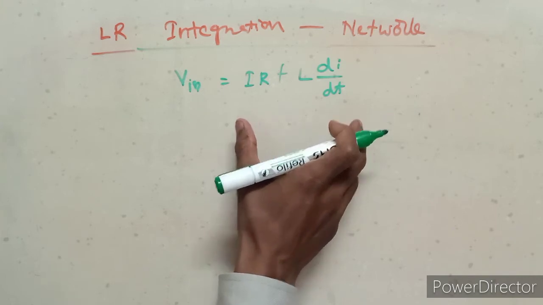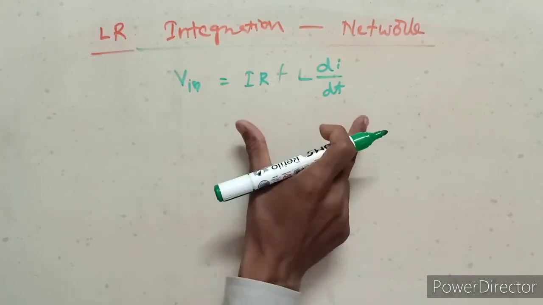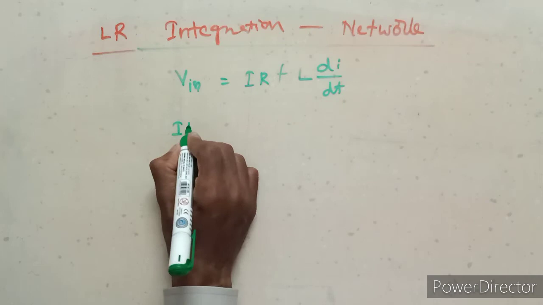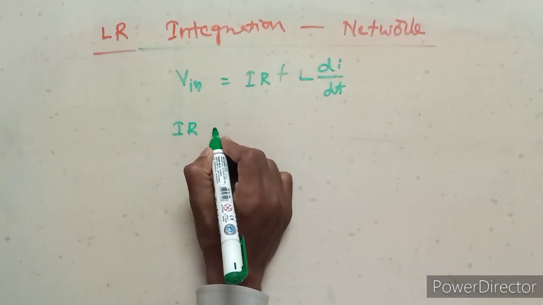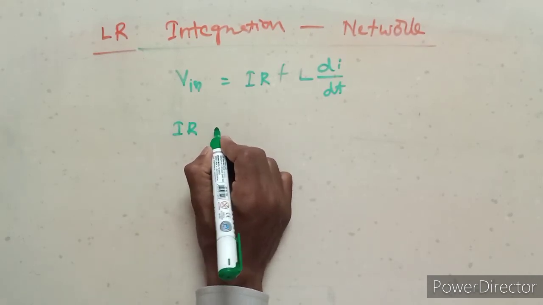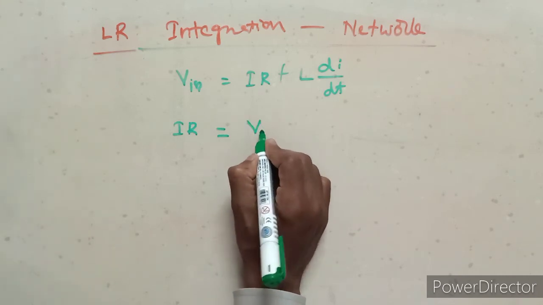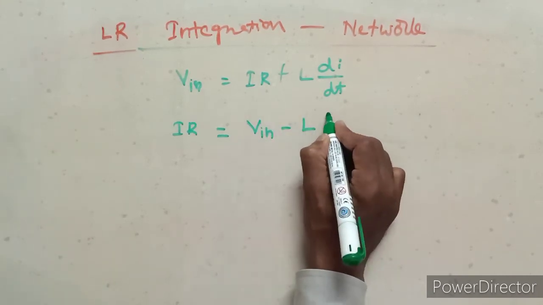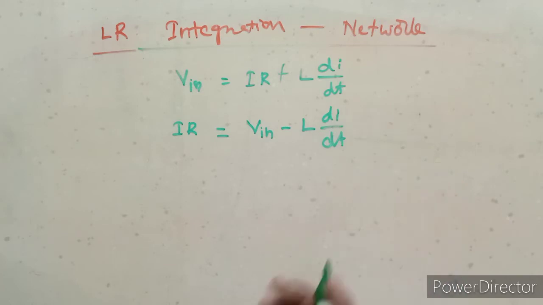So this formula can be written as IR equals input voltage minus L di upon dt.